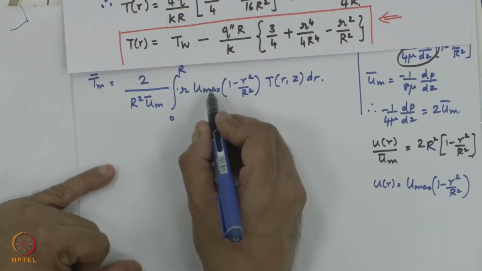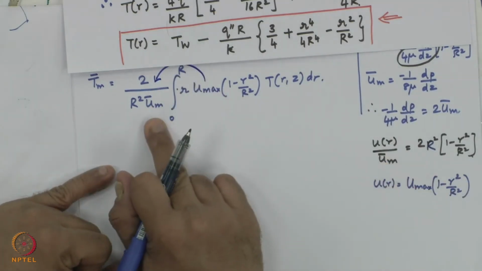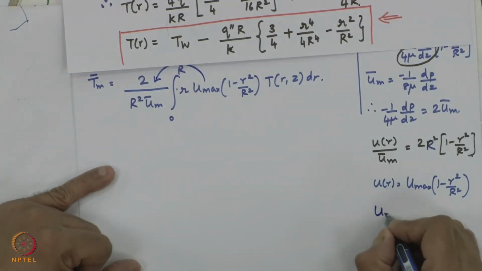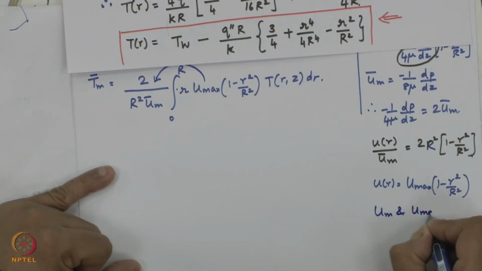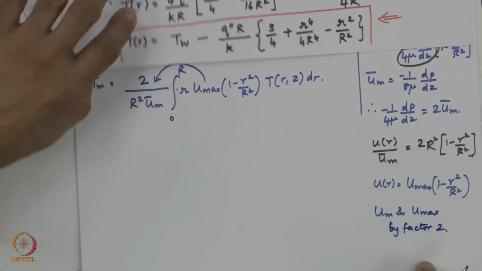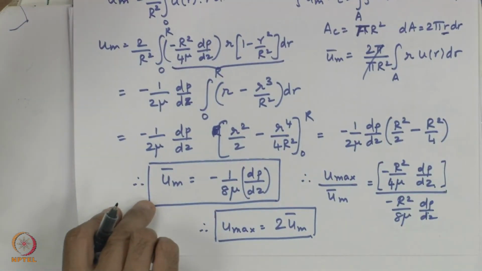So, when you bring this u max out, you have u max by u average. So, u average and u max are related by the factor 2. This also we had shown before in the last module. U max is 2 times u bulk mean.